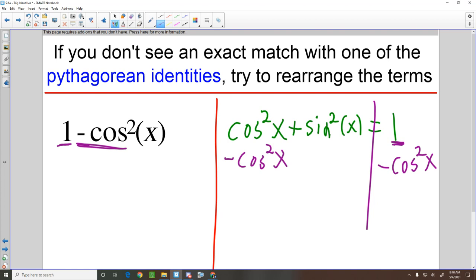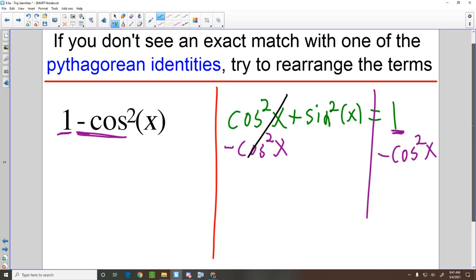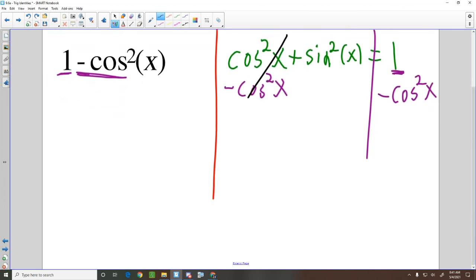I'm allowed to do this to these identities because these identities are essentially equivalent equations. They're always true. They're identities. If I did that, then these would cancel out, and I'd be left with simply a sine squared equals.